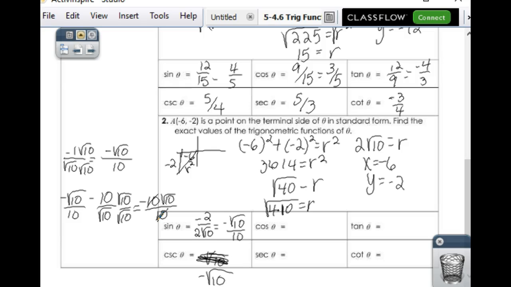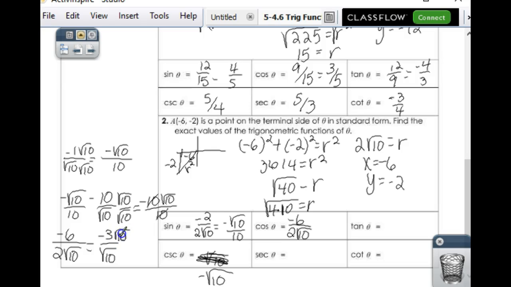So the cosine is going to be negative 6 over 2 square root of 10. This reduces to negative 3 over square root of 10. Can I have the square root of 10 on the bottom? Nope.